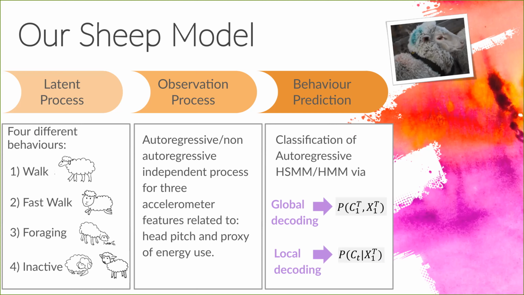For all of them, we consider 4 different states for the latent process, 4 different behaviors. The walk behavior, the fast walk behavior, the foraging, when the sheep is eating or looking for food. And finally, the inactive behavior. That is when the sheep is sleeping or the sheep is standing.